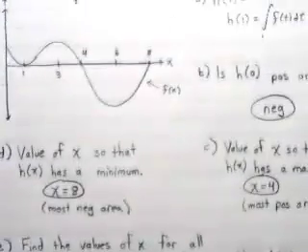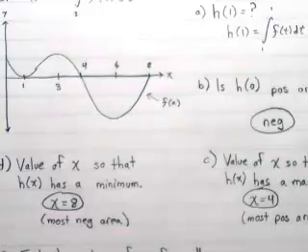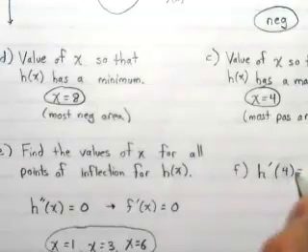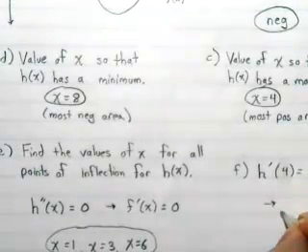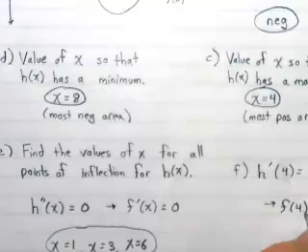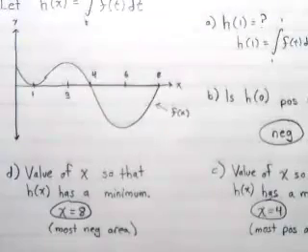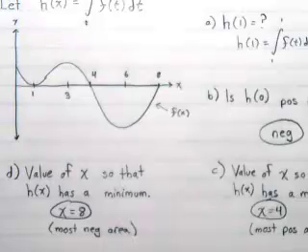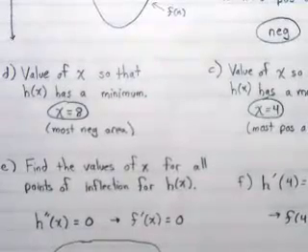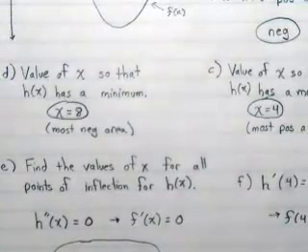So if I wanted like h prime of 4, remember the derivative of h gives you, so the first derivative of h would imply f of 4, right? And what is f of 4? 0, yeah. So the answer would be 0 for that one.